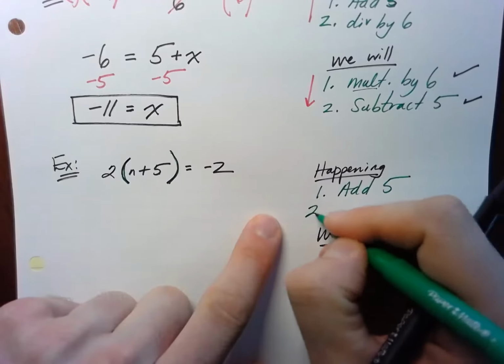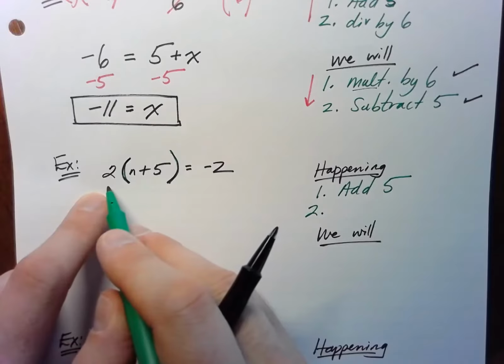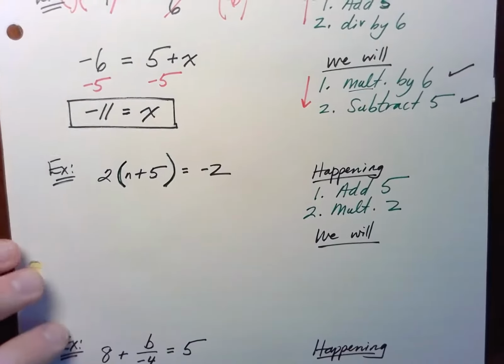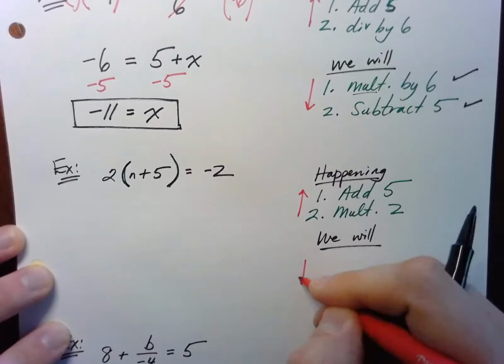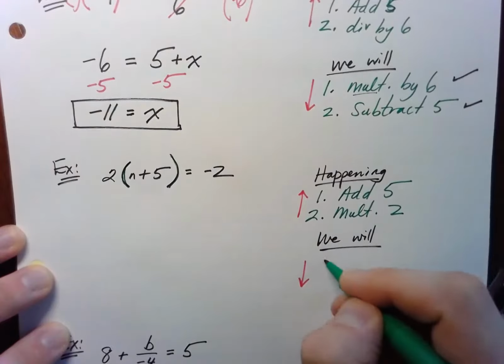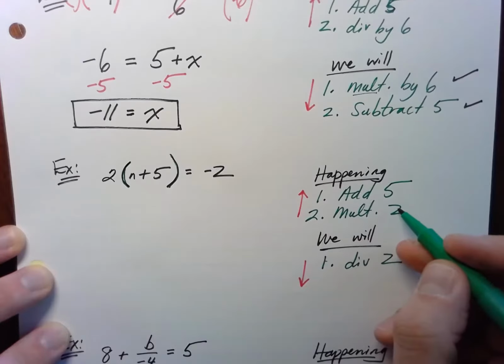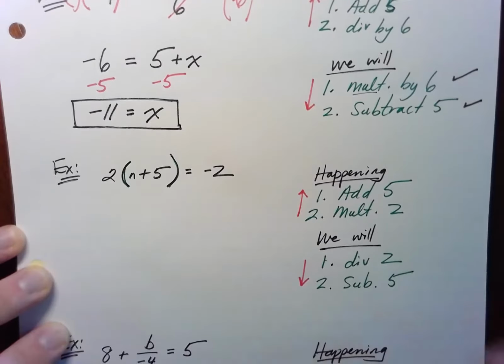And then the second thing that's happening is that after we add 5, then we're going to multiply by 2. And so if we are reversing this to figure out what to do, then the first thing we're going to do is divide by 2 from this step, and then subtract 5.